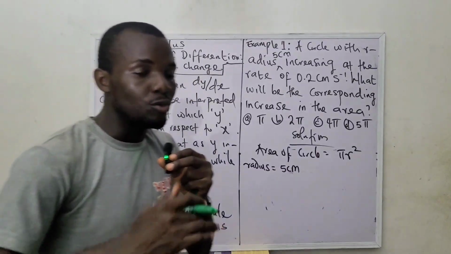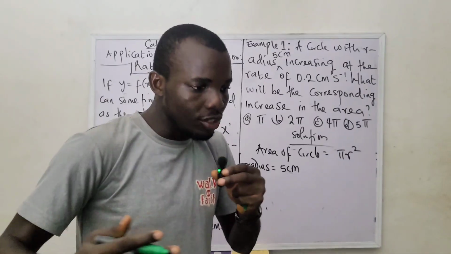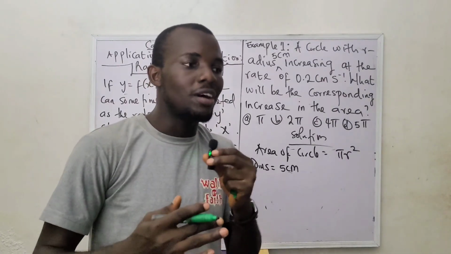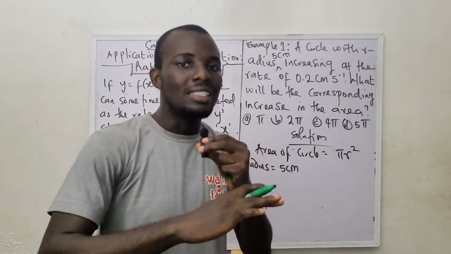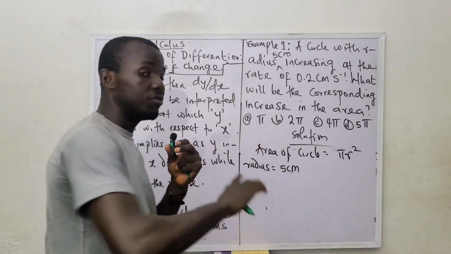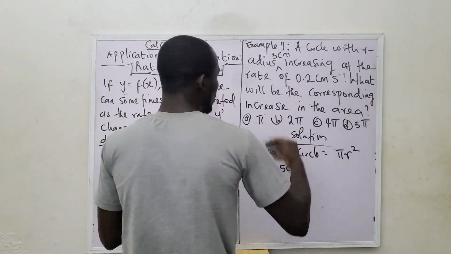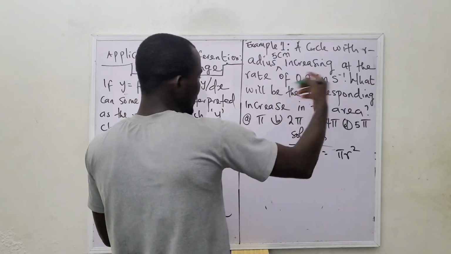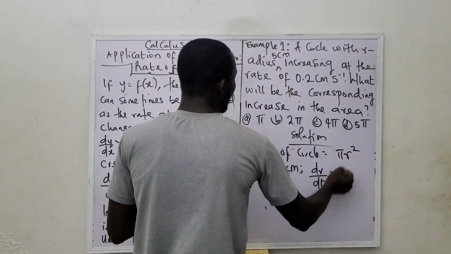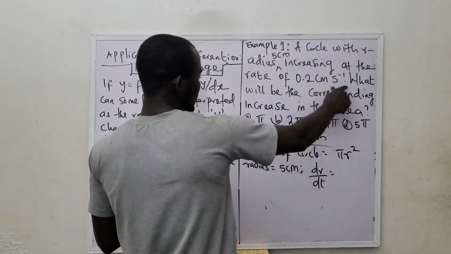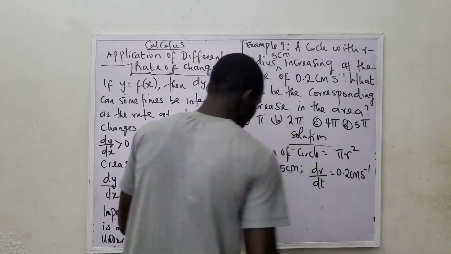That is when the increase has not started, before the rotation or whatever action might be taking place leading to the increase in the radius. It hasn't happened yet. The radius was 5 centimeter, and the rate at which the change was happening will be our dr over dt. Radius is changing with respect to time. That is 0.2 centimeter per second.